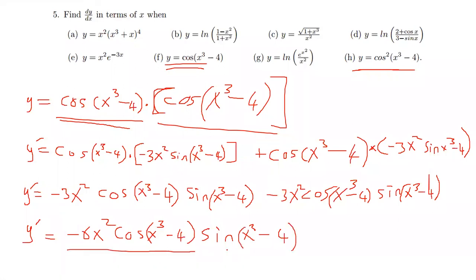So this is the solution for this question. You need to know how to take care of this power there, because if you are not careful, you can just go directly and get it wrong.